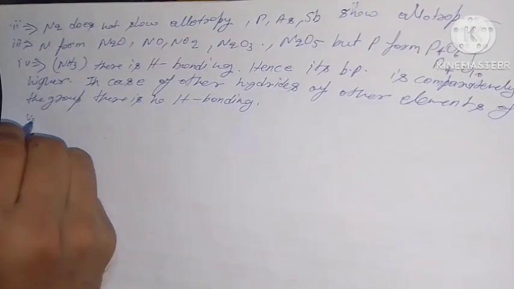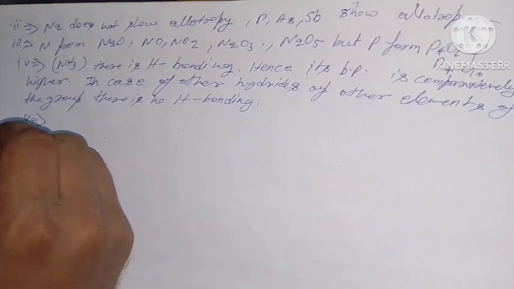Fifth point. Nitrogen is a non-metal while others are metalloids and metals.